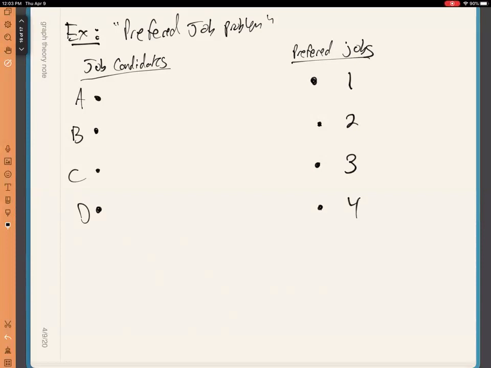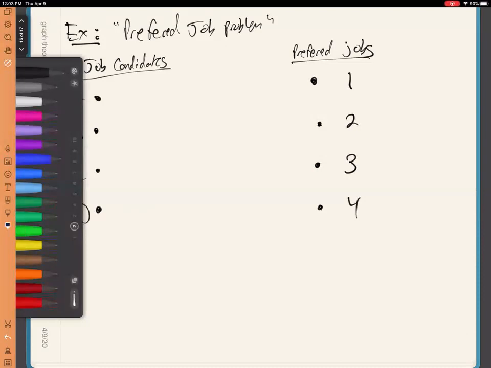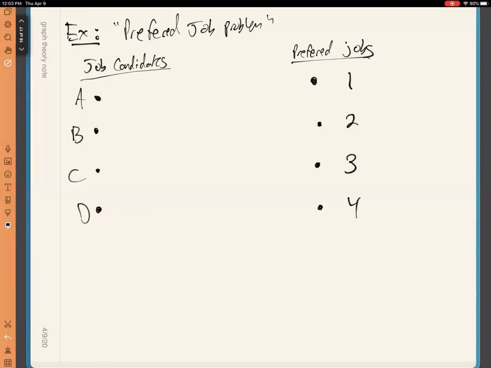And say, let me use blue edges to represent jobs that they want.